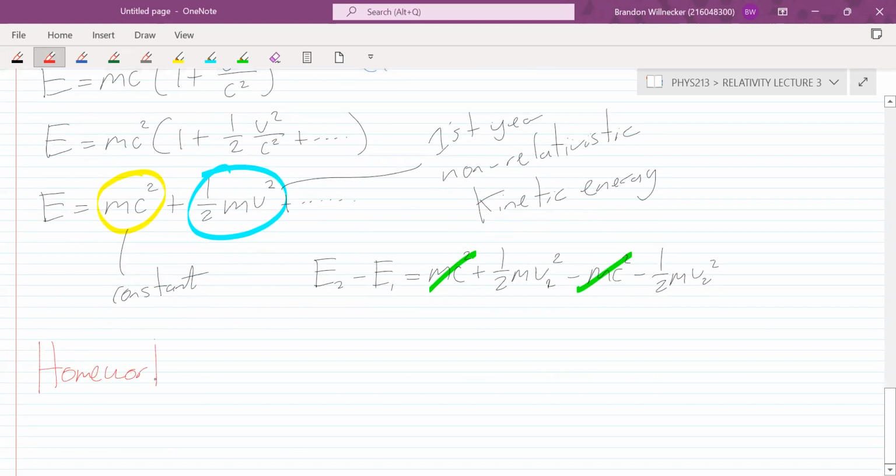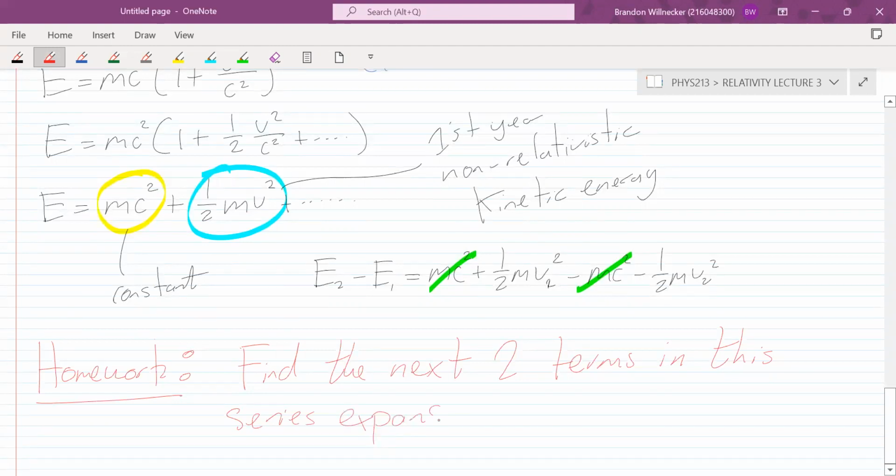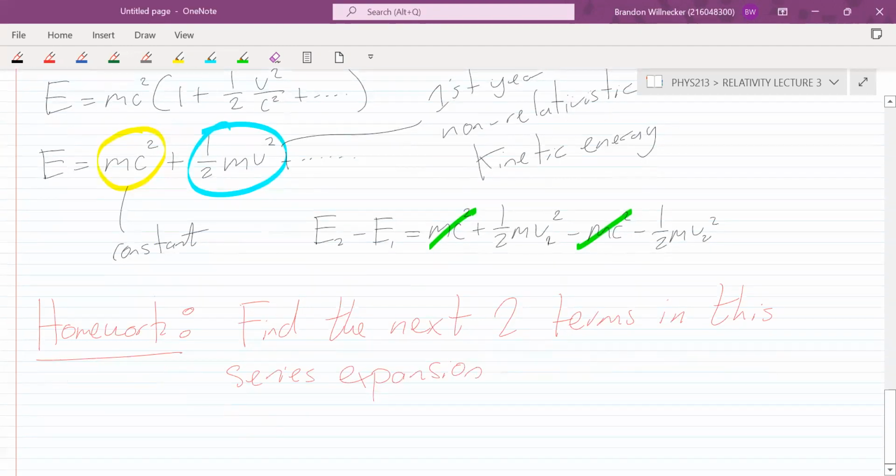Okay, so last bit of homework for today. Find the next two terms in this series expansion. So we've got the first two, the rest mass energy and the standard kinetic energy. Please find the next two terms, in other words, the relativistic correction terms.